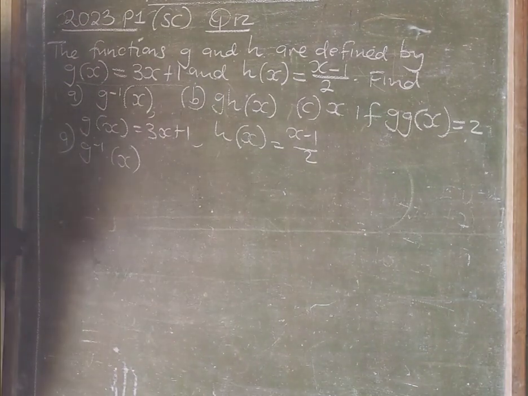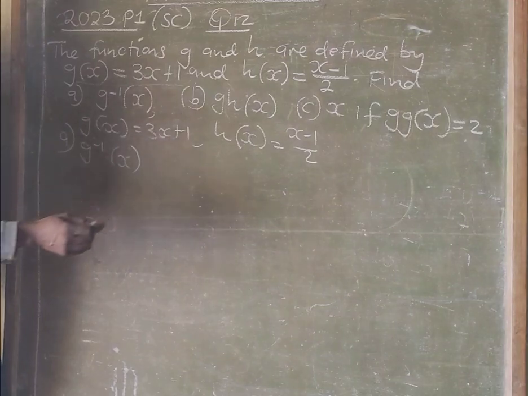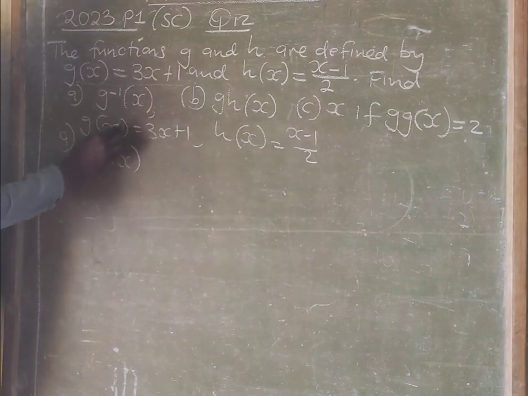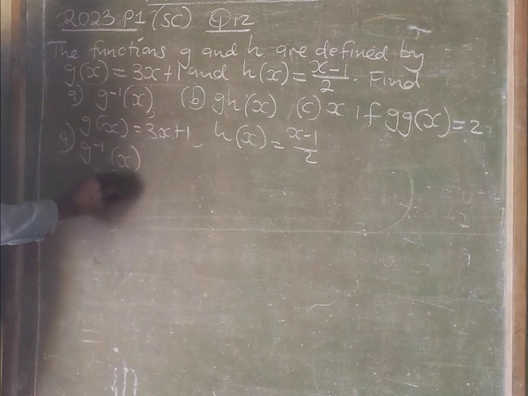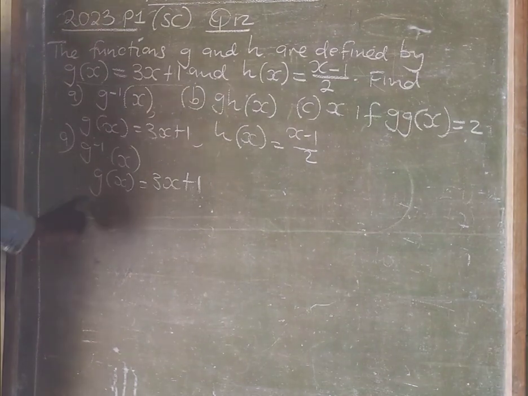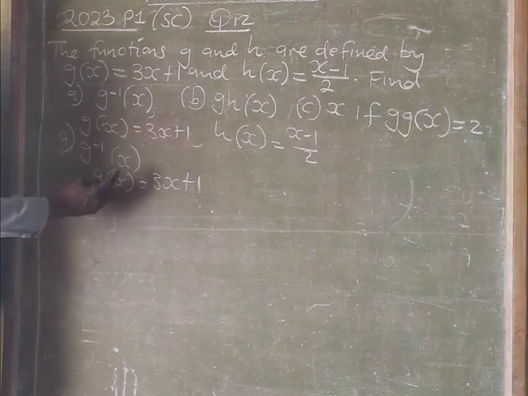How are we going to find the inverse of this function? First step, equate this function to y, by replacing g of x with y.